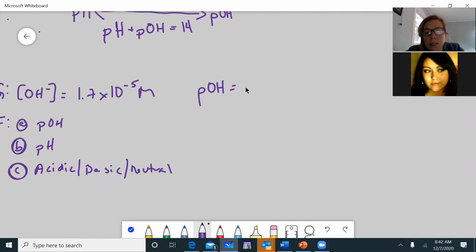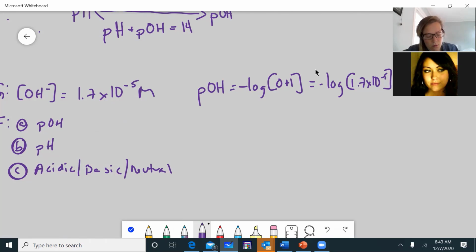pOH is going to equal the negative log of our OH concentration, which is the negative log of this thing right here, 1.7 times 10 to the negative fifth. So plugging that in.